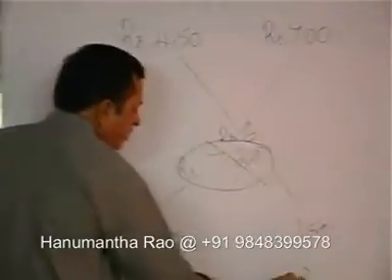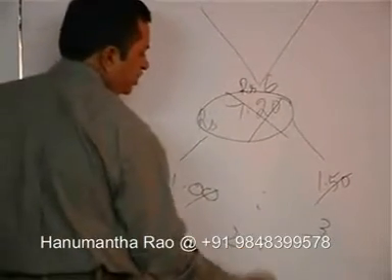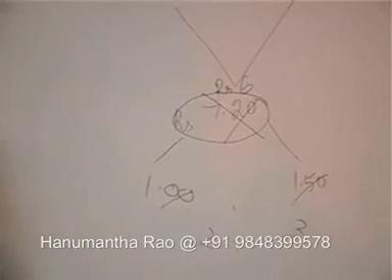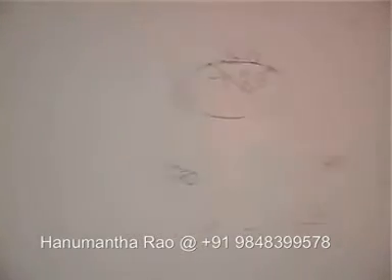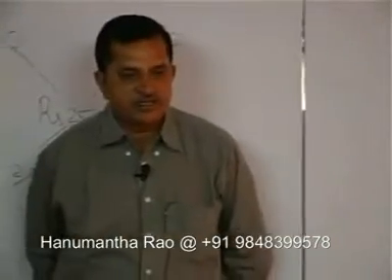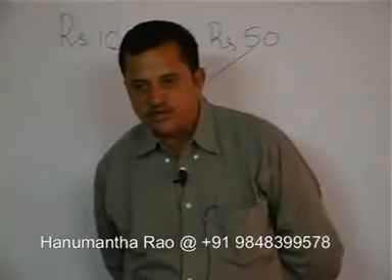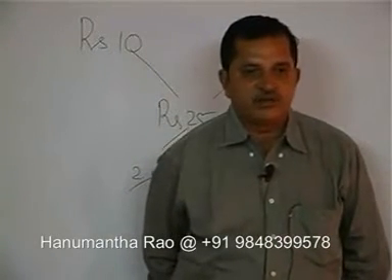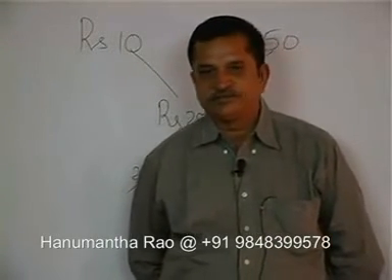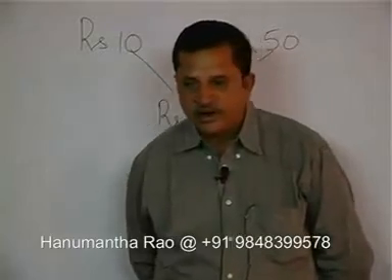So the ratio is 2:3. They should be mixed in the ratio of 2:3 to gain 20% by selling at rupees 7.20. Clear? Next.